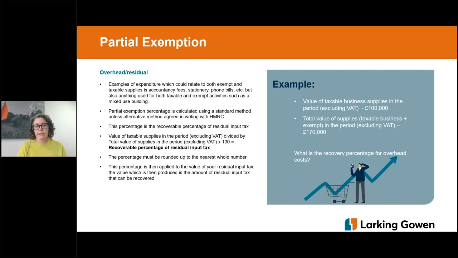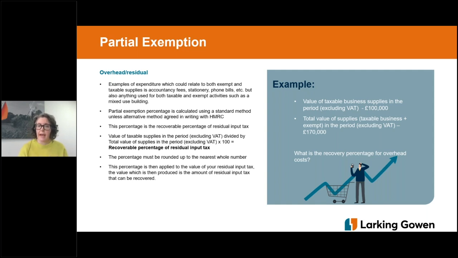And in the absence of doing anything else, you will be using what's called the partial exemption standard method to calculate your VAT recovery. Now, this is an income-based method, and it's quite a crude proxy for trying to work out how you're actually using those costs, but it's the default way of calculation unless you agree something different with HMRC in writing, and that is not a quick process.